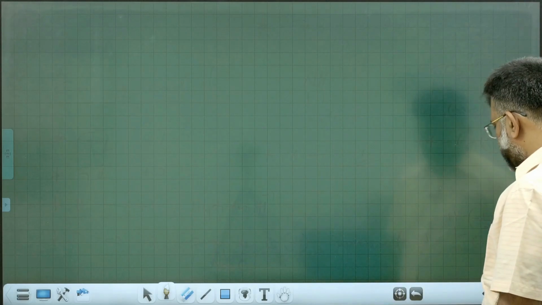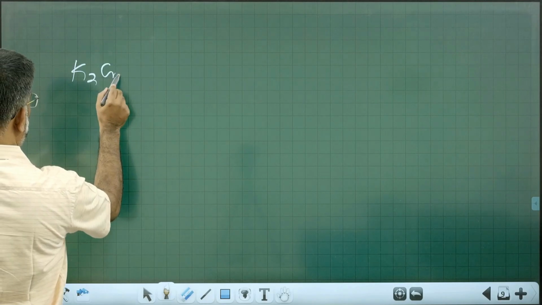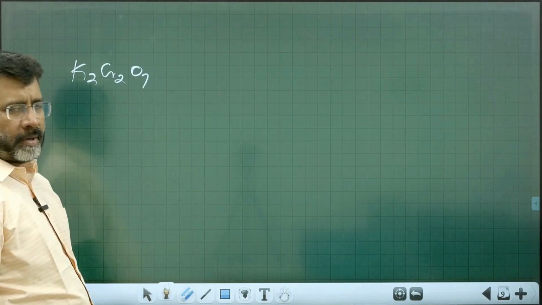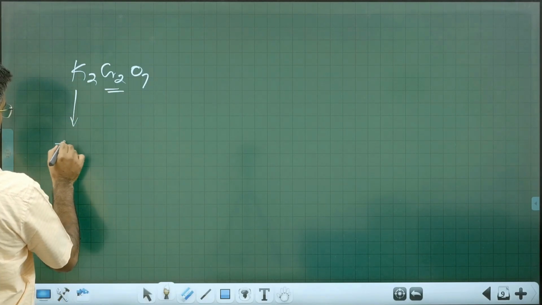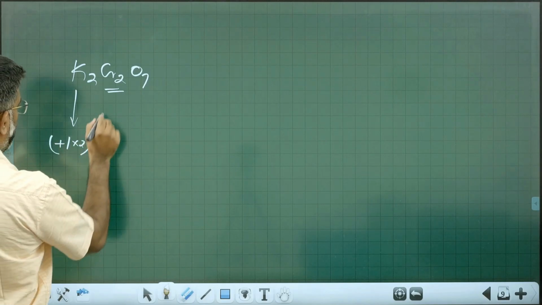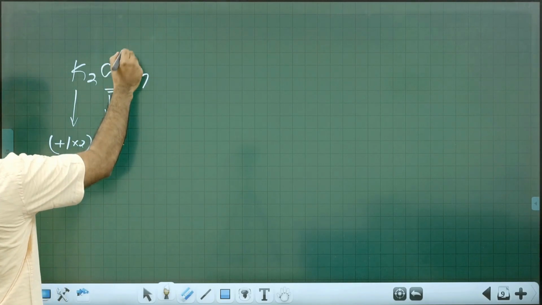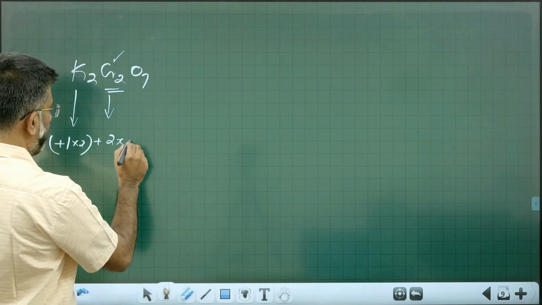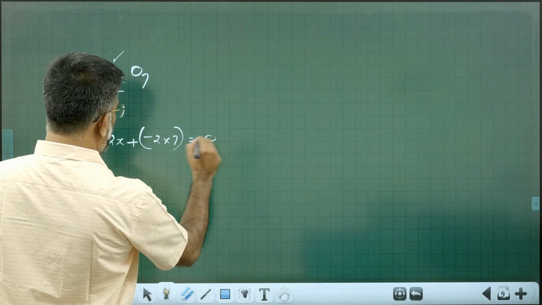Say for example, if we are taking potassium dichromate, K2Cr2O7, how to find the oxidation number of chromium? Potassium is +1 into 2, and chromium we don't know, it is x, and there are 2 chromium, so 2x, plus oxygen -2 into 7, is equal to 0.